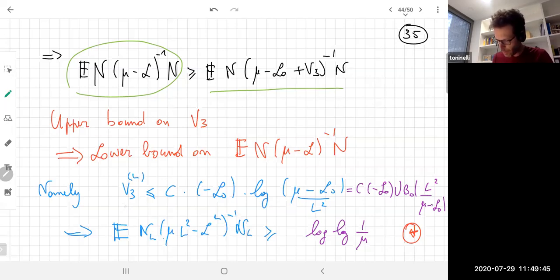The upper bound on V3 is simply that V3 is bounded as an operator by the generator of the linear equation times a log of mu minus L0 over L squared, which is what I called earlier UB index 0. I will not really show how this is done, but I will show how, given that, you obtain the first non-trivial lower bound of log-log for this left-hand side.